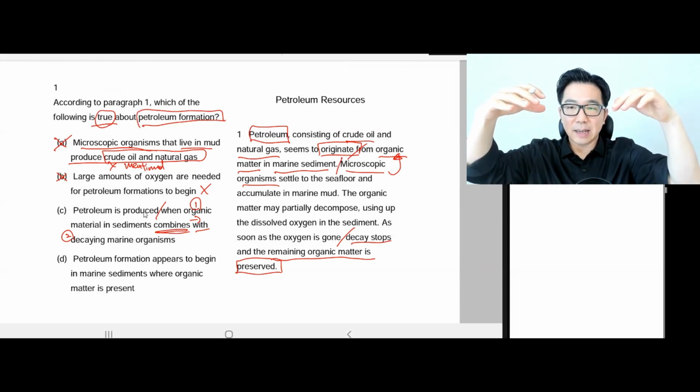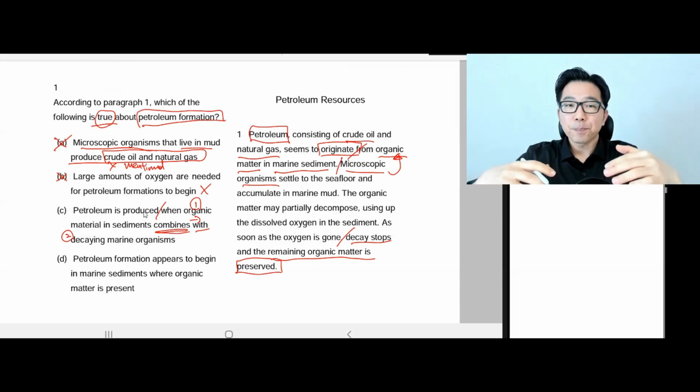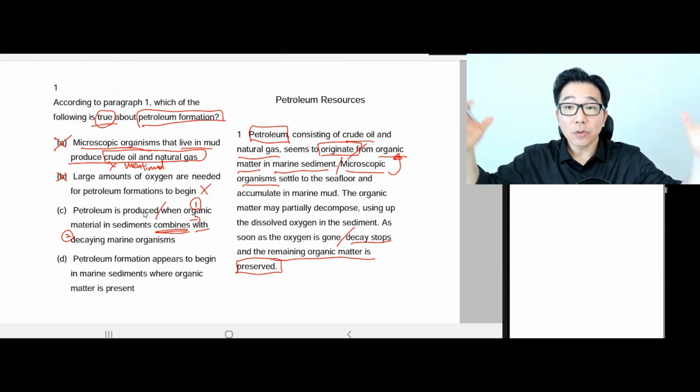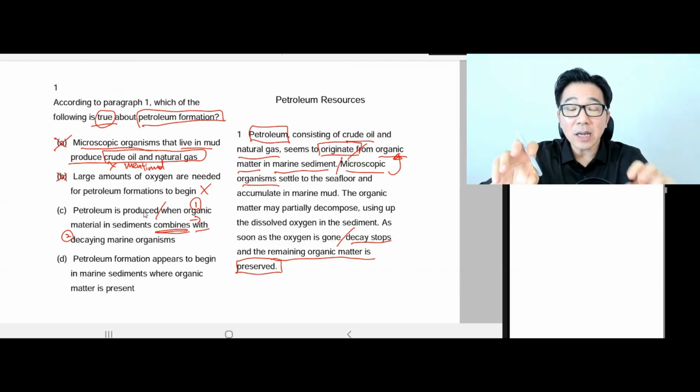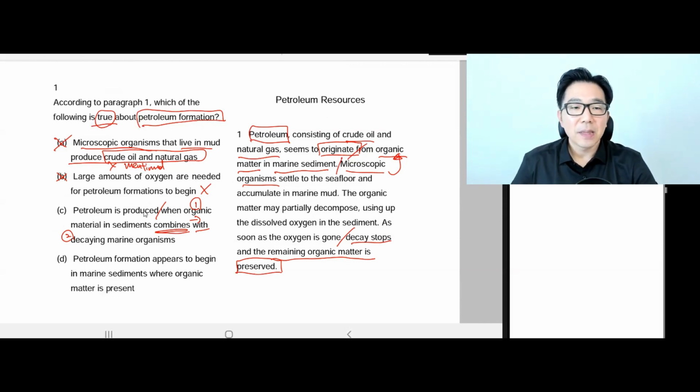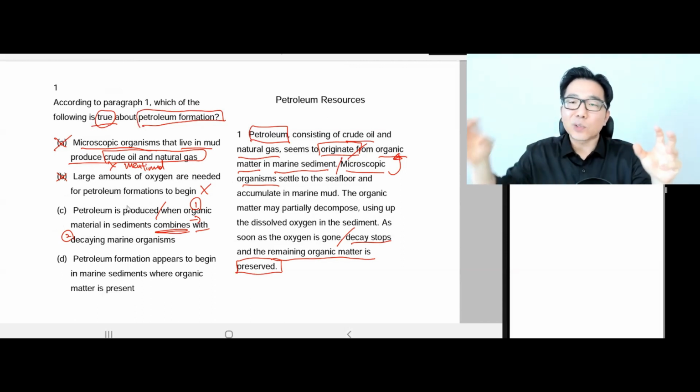And when it gets accumulated initially, some of this one thing gets decomposed, decayed, gets rotten, and the rest that were not decayed, after they used up all the oxygen through the process of decomposing, gets preserved.